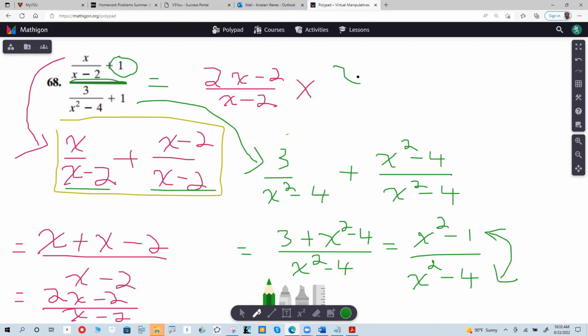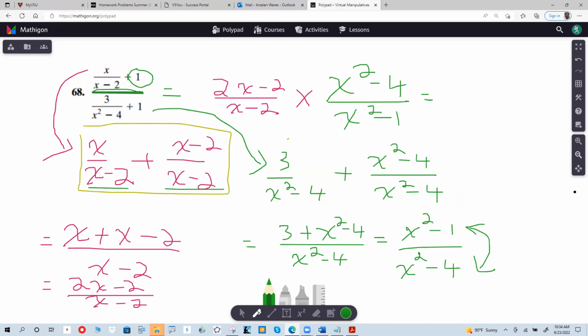And what does that mean? x squared minus 4 over x squared minus 1. And these are our friends. x squared minus 4 is really x minus 2 times x plus 2, because 4 is 2 squared, and x squared minus 1 is x plus 1 over x minus 1. That's what I'm going to do.